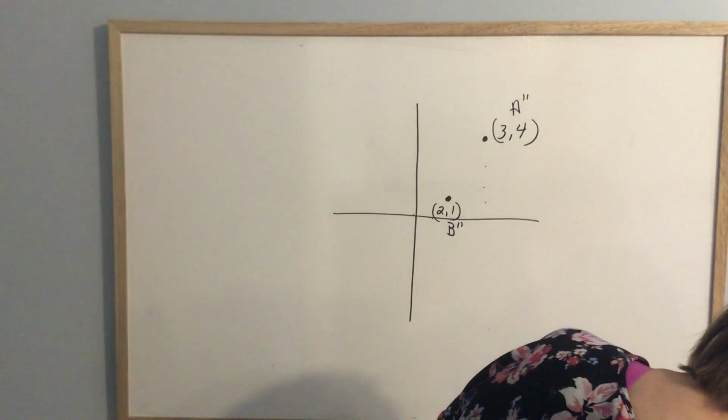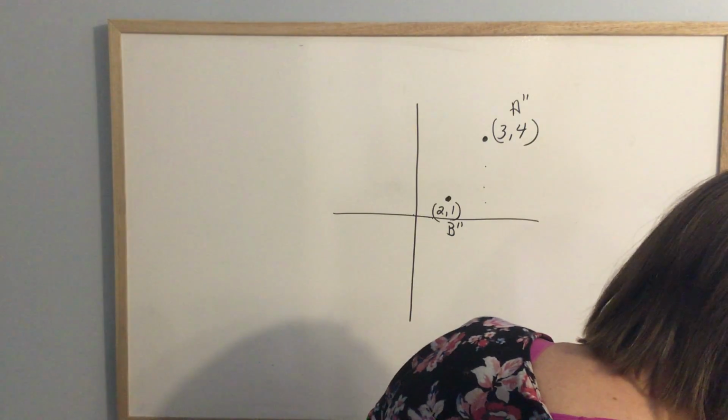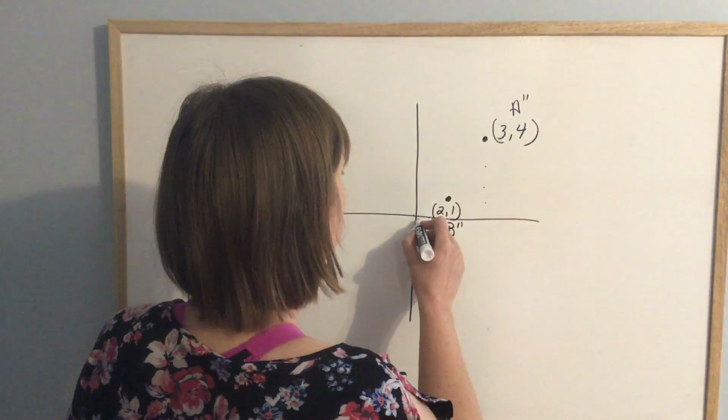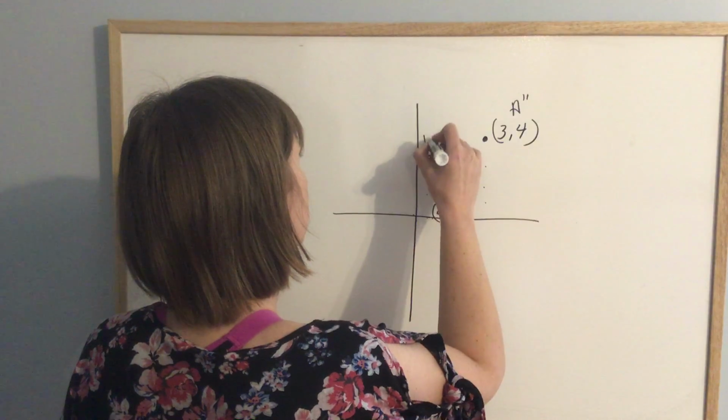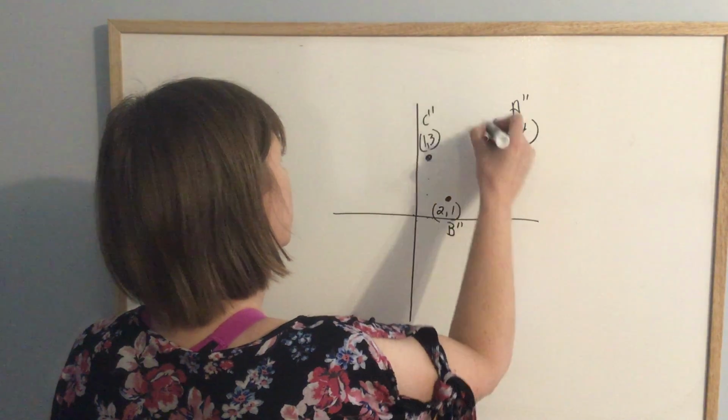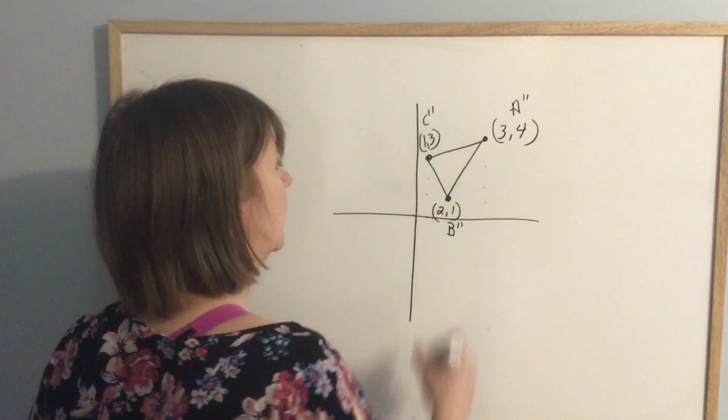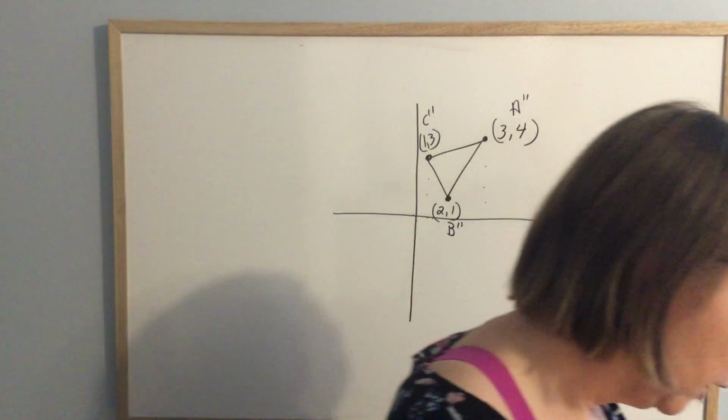And C is 1 and 3. It's not a huge triangle, pretty little.